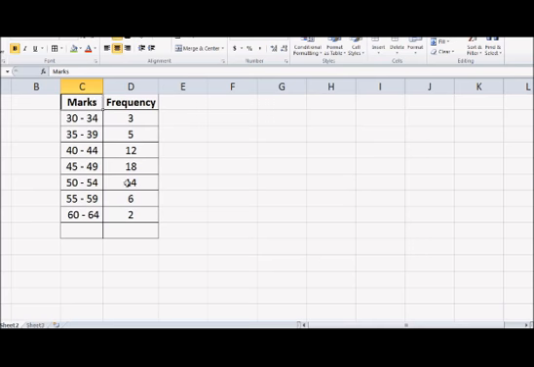So here of course the maximum frequency corresponds to this class. So this is our model class. Okay, maximum frequency, and so this is our model class.